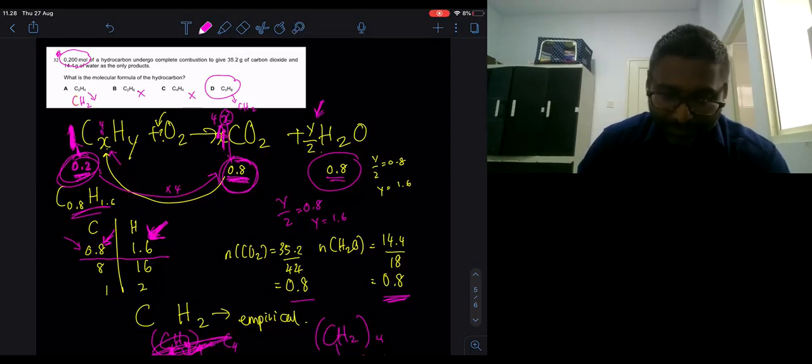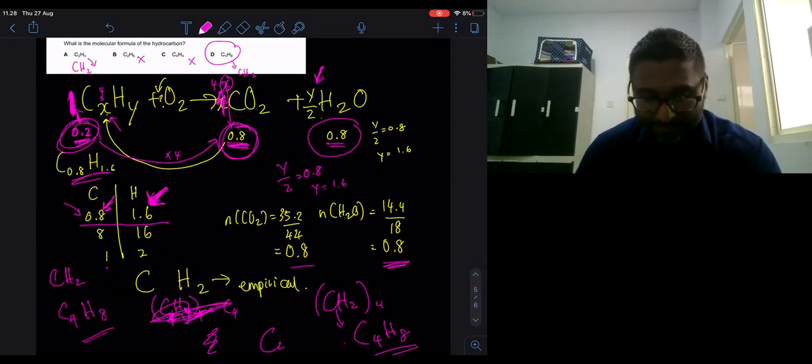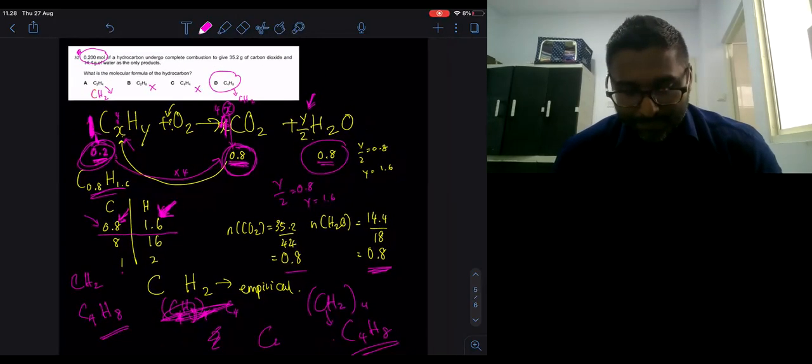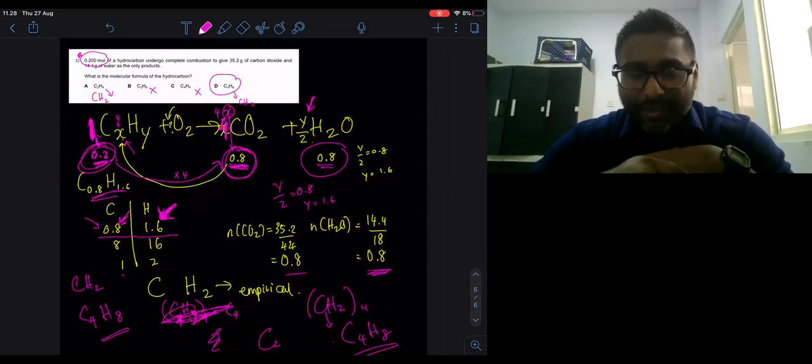It means C4. If you have CH2 as your empirical formula and you have C4, then H must be 8. We will try more questions on this. Please check on this as well.